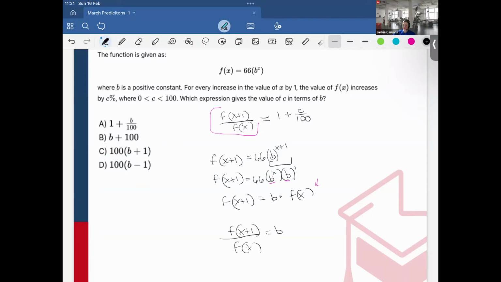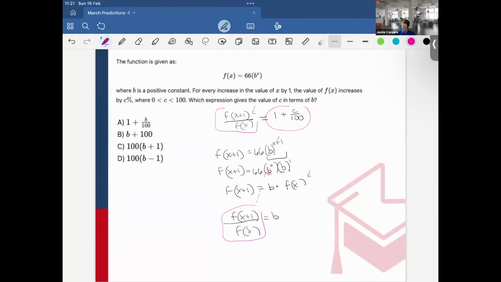And I also know that the function's increasing by c%. So this is also equal to 1 plus c over 100. So basically, I can substitute this in here. And I would have 1 plus c over 100 is equal to b. And I want to get everything in terms of c.